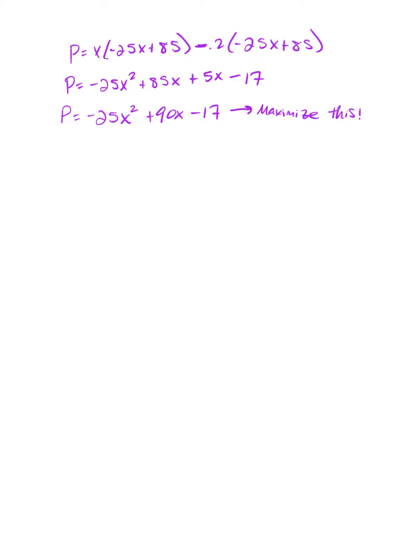This is a quadratic function because of the squared. It opens down because of the negative 25, which means that its vertex is a maximum. So I'm just going to draw a little sketch of what this thing looks like. I know that it's got some maximum point here, and I know its y-intercept is negative 17. Very rough sketch.